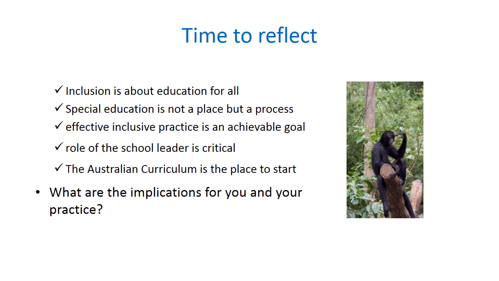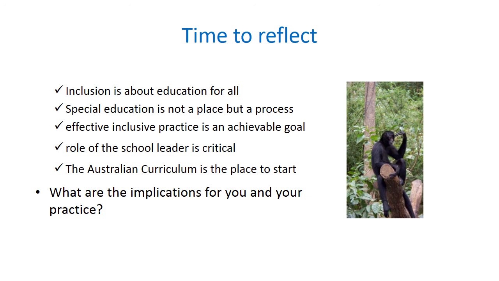Effective inclusive practice is an achievable goal. There have been decades of research on how this is done, but we're still learning all the time. For those of you in leadership roles, you have a very important position, because a lot of the research makes clear how important the school leader is in providing the environment, setting policies, being the role model and demonstrating that inclusive education is what the school is about.